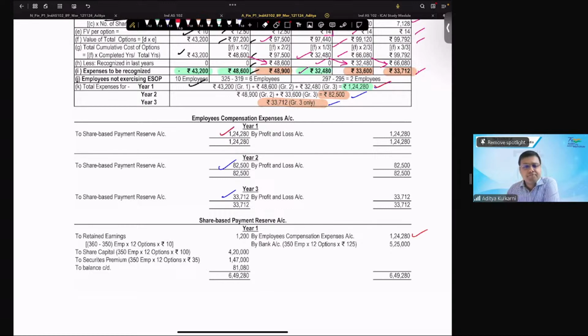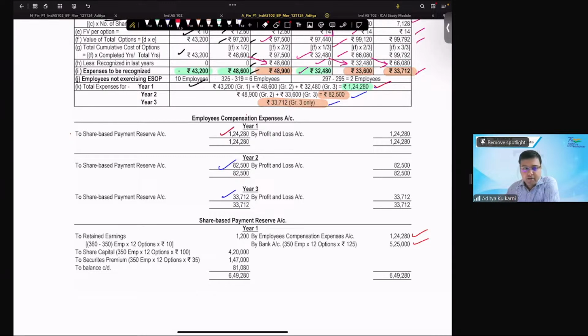Yes or no? Yes, sir. Employee compensation expense account debit to SBP reserve. So SBP reserve credit is 1,24,280.